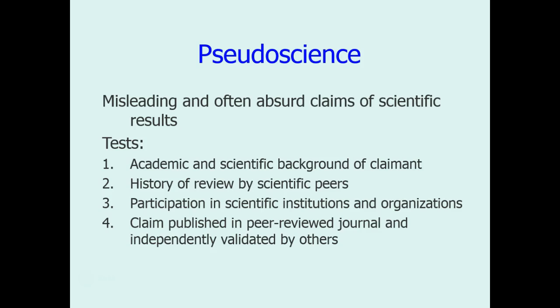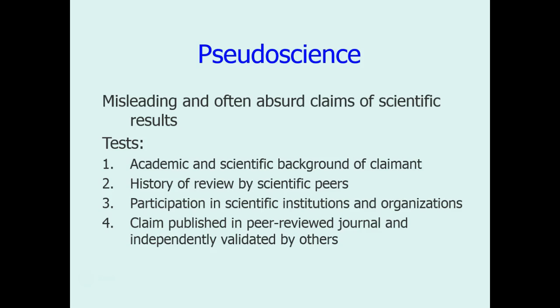The claim is published in a peer-reviewed journal and independently validated by others. That's when they send it to other labs to see if you get the same results. And if you do, then groundbreaking paper, and you get the credit for it, not the people that others. But this is how we try to avoid the pseudoscience, by those tests.